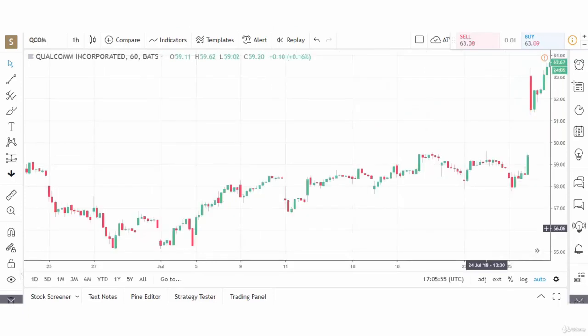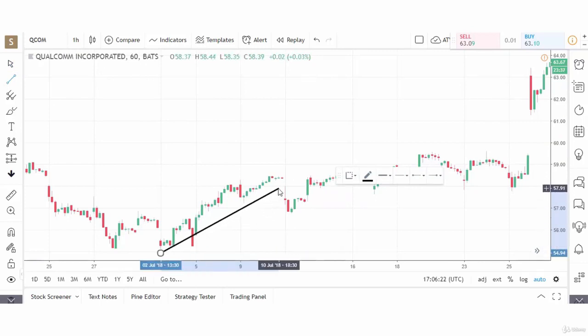Now let's use the chart of Qualcomm to look at a pennant pattern. We have Qualcomm, and we're looking at an hourly chart, and you'll often see flags and pennants and triangles on hourly charts. They can help guide your trading on a shorter term basis. So if we look here in July, on July 18th, we see that the stock is moving up, has a slight pullback, and then continues the bullish pattern.